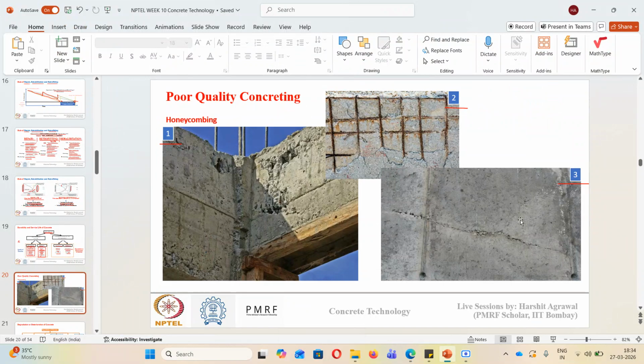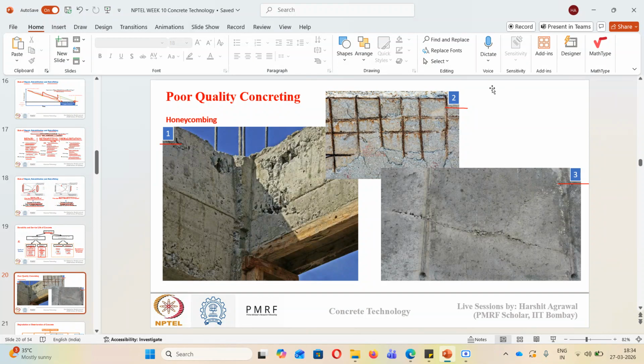The second image shows the case of corroded reinforcement inside concrete, which came up earlier than expected, maybe due to inadequate cover thickness. When we talk about concrete, we talk about the cover thickness also, how much cover we need to provide to a reinforcement. Suppose the contractor was supposed to provide a cover thickness of say 40 mm or 50 mm, but he provided only 25 mm.